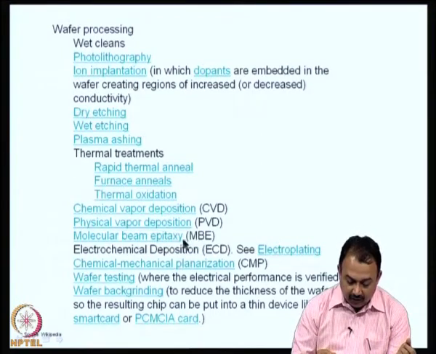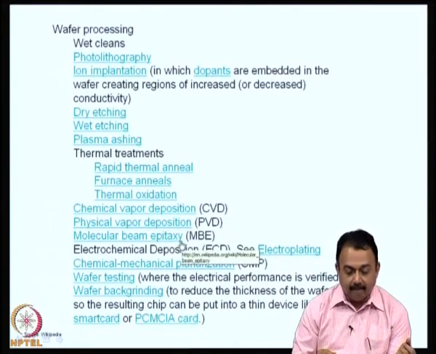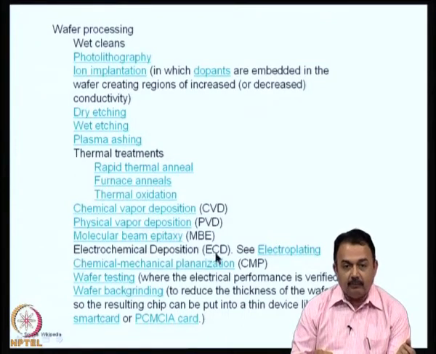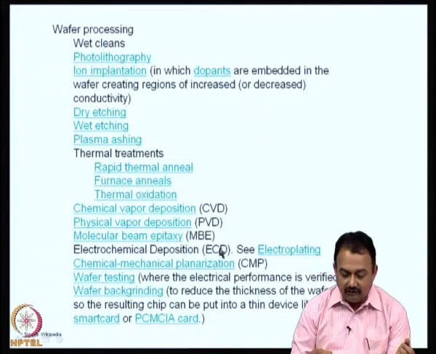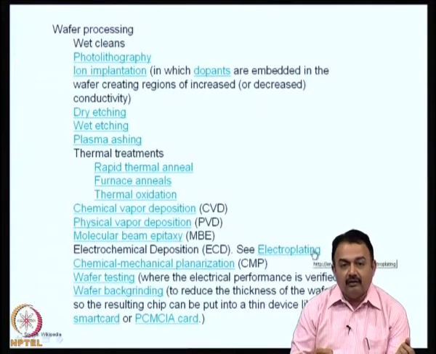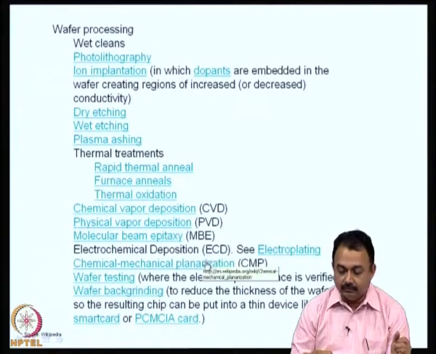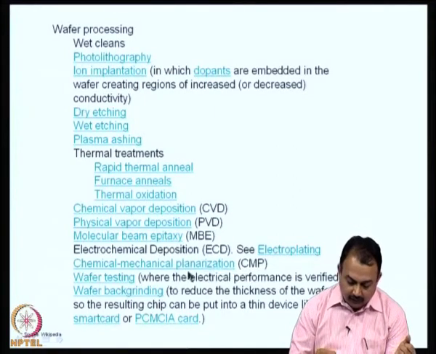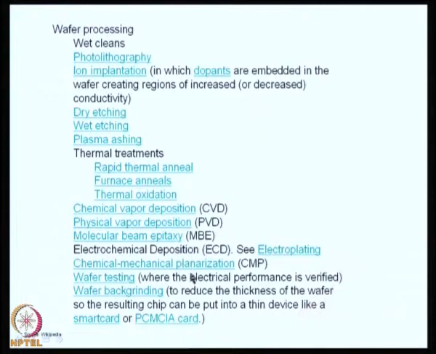Then you can have molecular beam epitaxy. You can also do electroplating or electrochemical deposition. The thickness for each of these will be different, so the choice depends on what kind of thickness you want. Then you have chemical mechanical planarization, which is called polishing in simple terms.